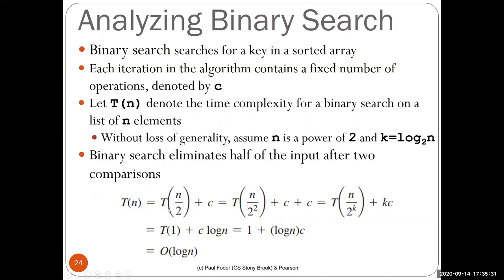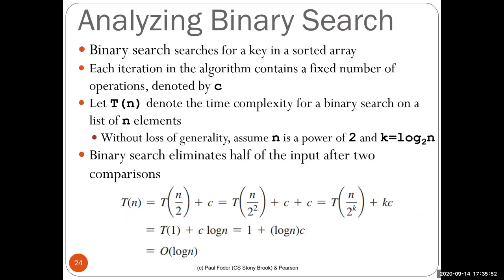So T of n, for the time that it takes to do binary search for n elements, will be based on the algorithm of binary search: the time that it takes to search in half of the elements after you move the index of the range to the middle, either low or high, plus the constant time to do the comparison and to compute the index of the middle element.